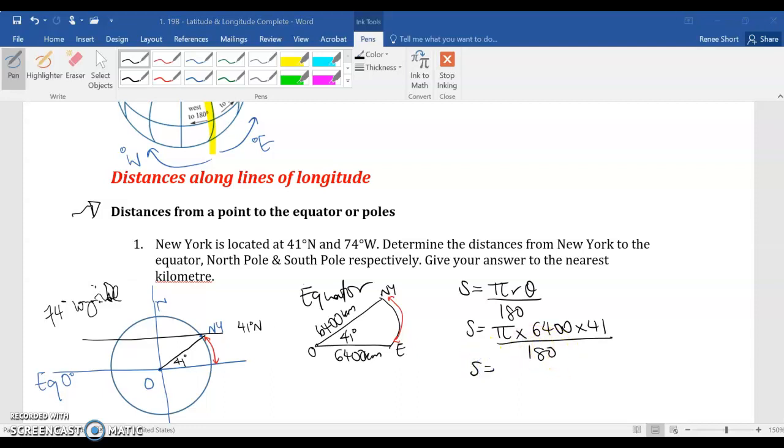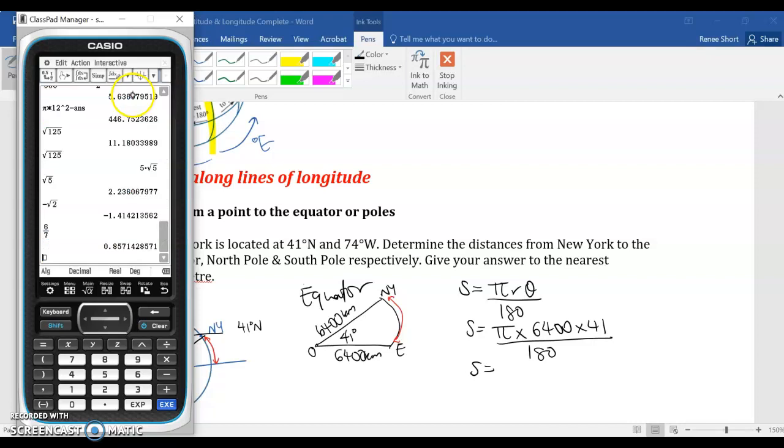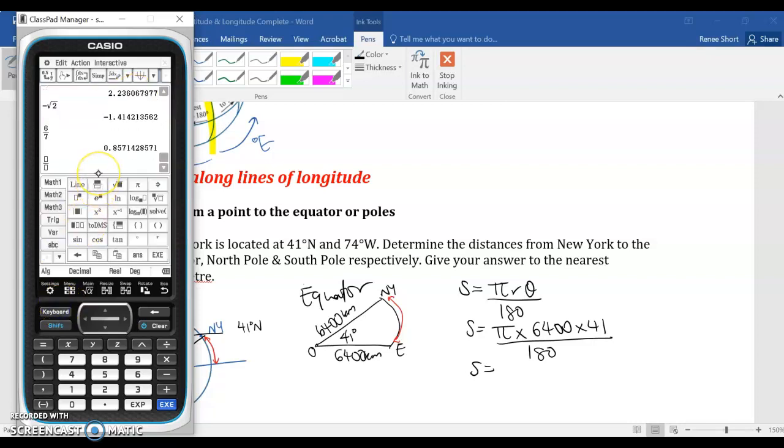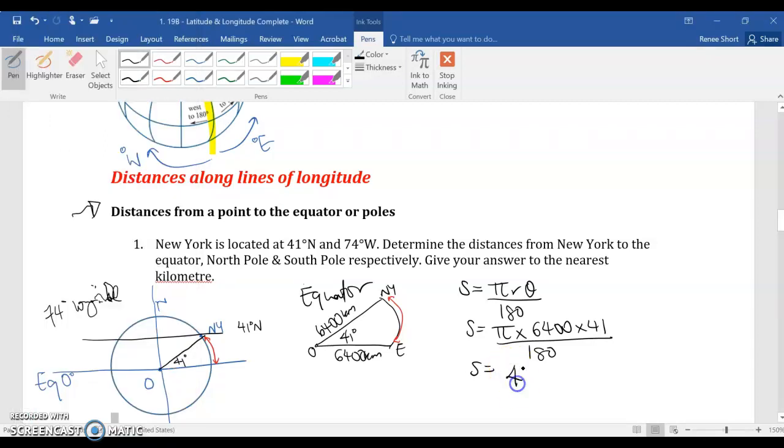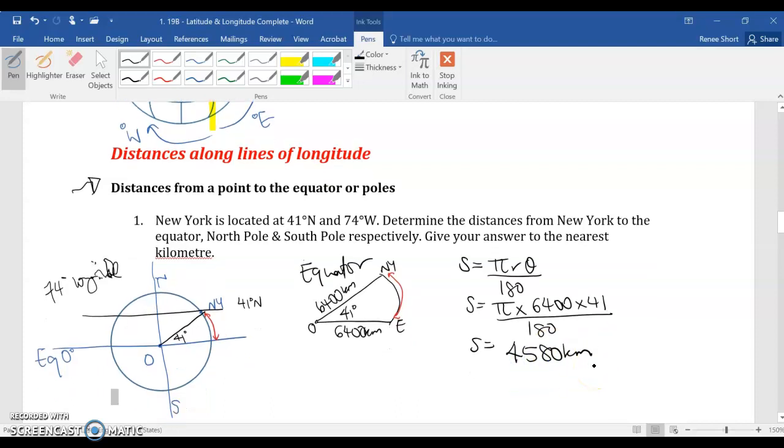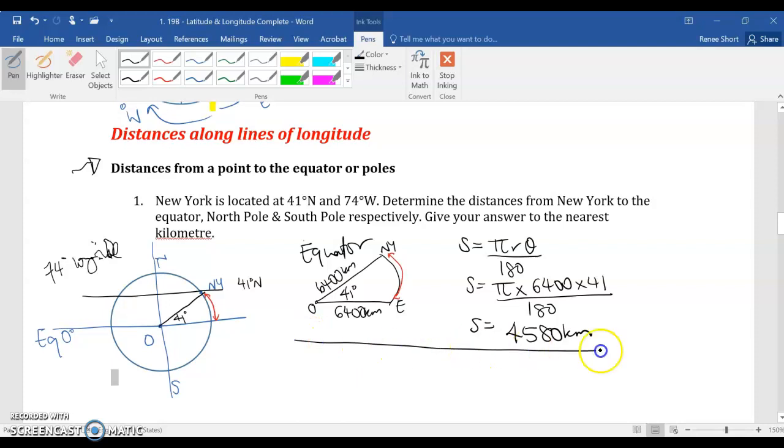I can put that in my calculator exactly how it's written. To the nearest kilometre, that is 4,580 kilometres. So it's 4,580 kilometres from New York to the equator.